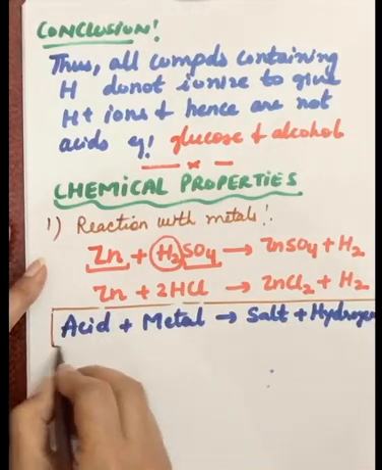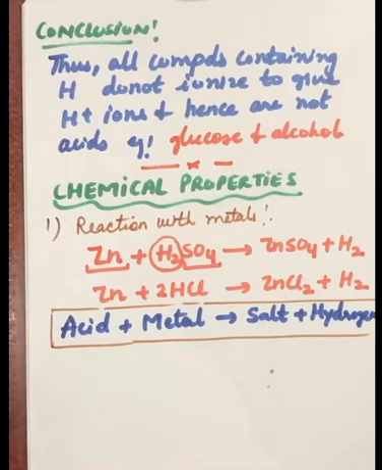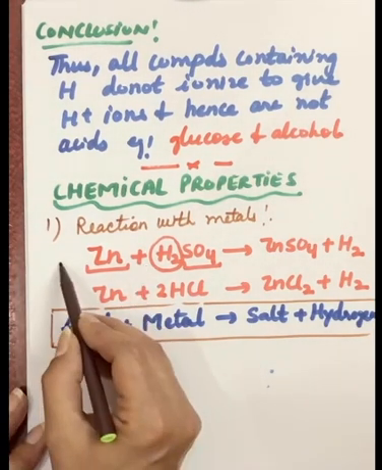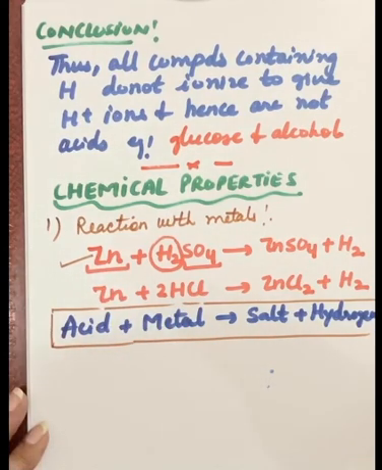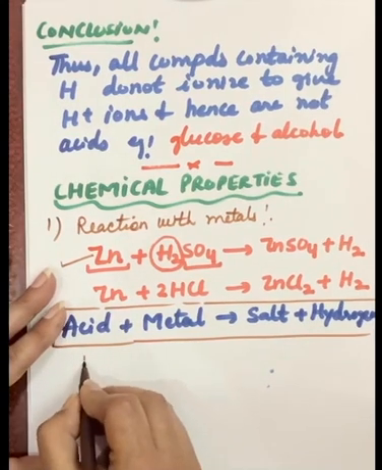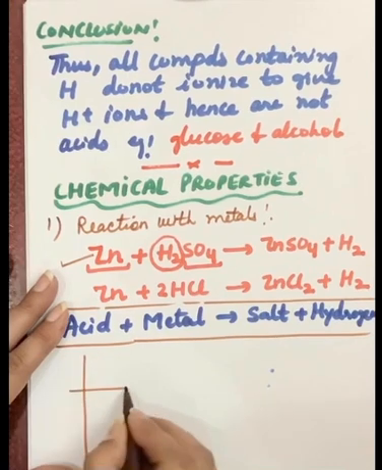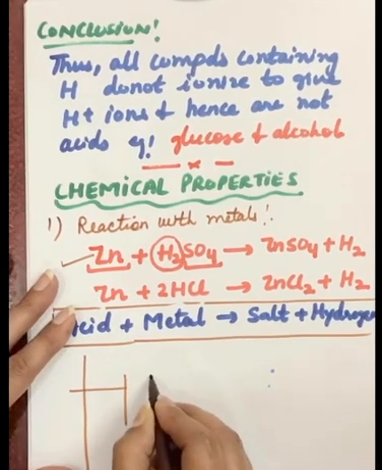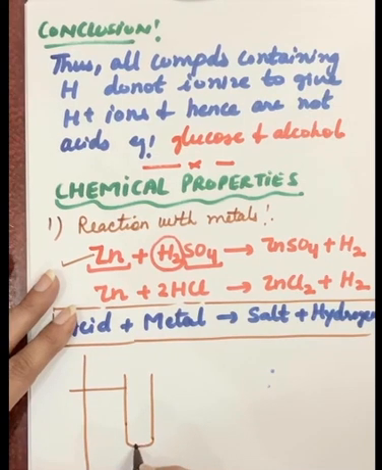But for this we have an activity now. That is the reaction of sulfuric acid with zinc granules, or we can take hydrochloric acid with the zinc granules. For this activity, we are taking a test tube. In this test tube, there's a cork that we have to fit in the mouth of the test tube.